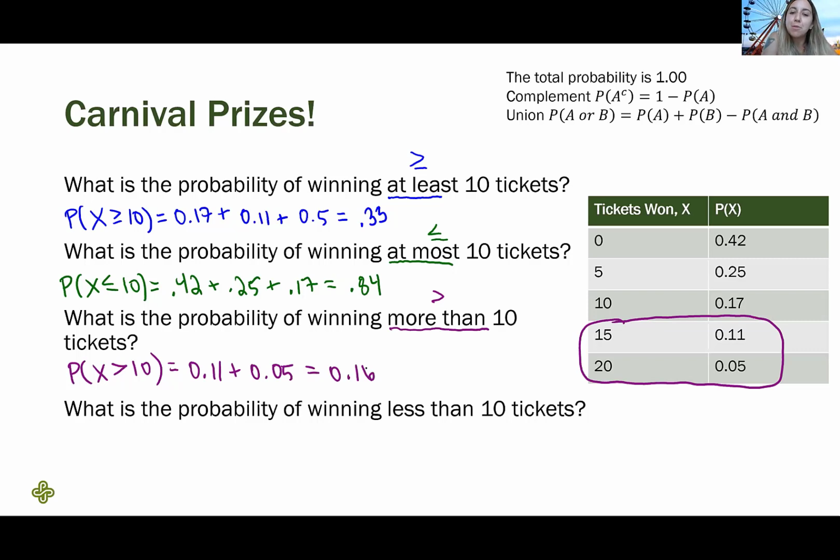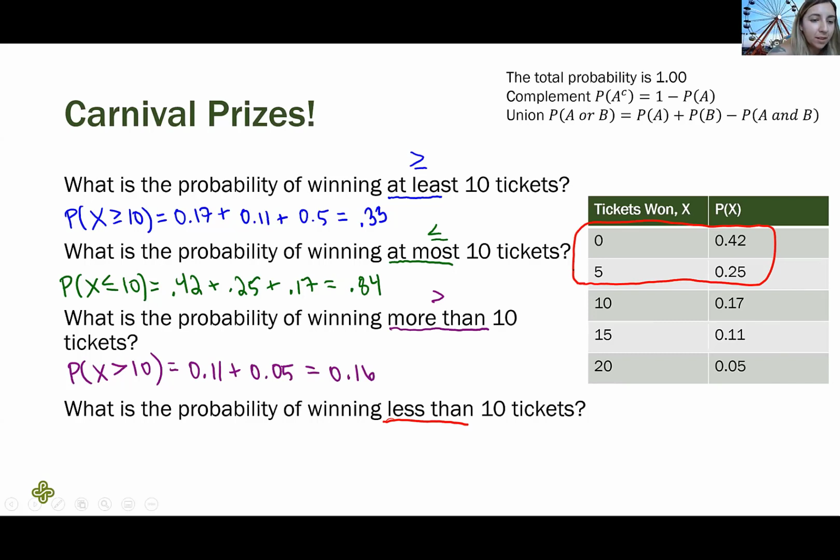Lastly, what is the probability of winning less than 10 tickets? That means you didn't even get up to 10. You know that you stopped before you got 10. So less than would be just those two outcomes right there, getting 0 or getting 5. Our mathematical relation, less than.